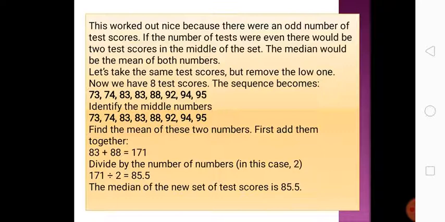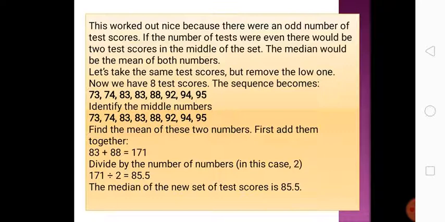According to this increasing order number series, first we find the middle numbers. In increasing order the number is 83, and in decreasing order the number is 88.